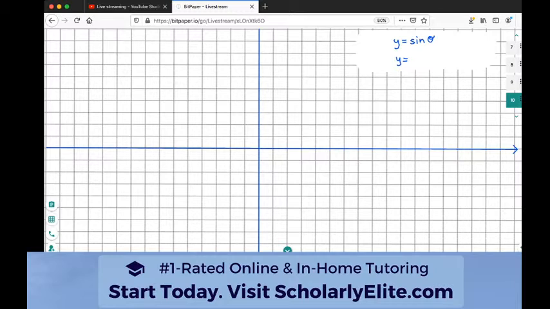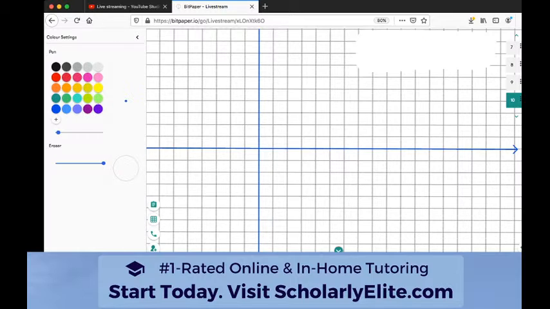I'm going to put them in different colors that are not blue for the sake of clarity. So y equals sine of theta, and this one can be y equals cos of theta.